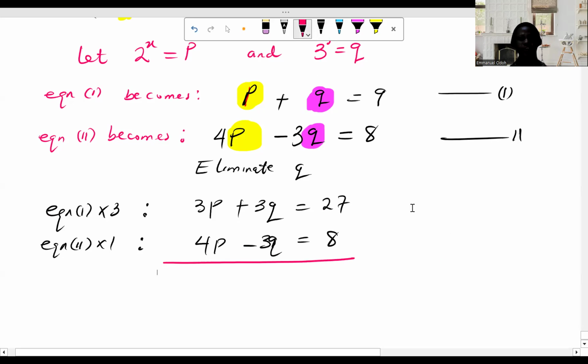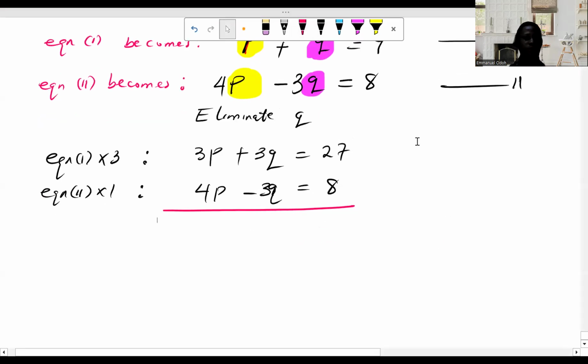Since the signs of the coefficients of q are opposite, this is another rule you can use. If the coefficients have opposite signs, you just add. By opposite I mean one of the coefficients carries plus and the other carries minus, you add.